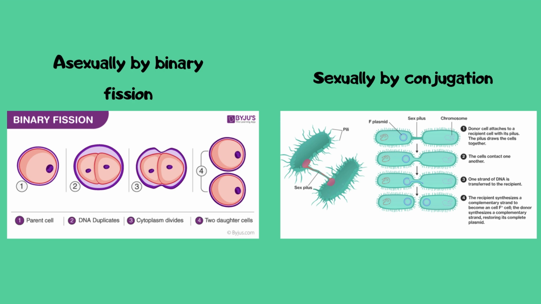Conjugation is another reproduction process that can happen in prokaryotes. It is a sexual process in which two lower organisms of the same species such as bacteria, protozoa, and some algae and fungi exchange nuclear materials during a temporary union.